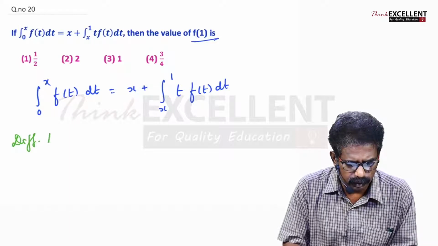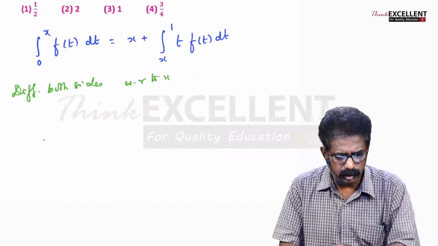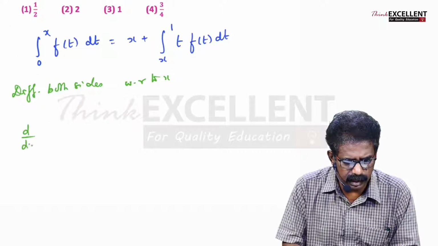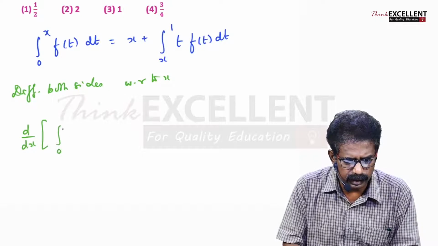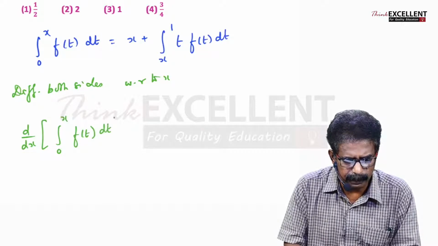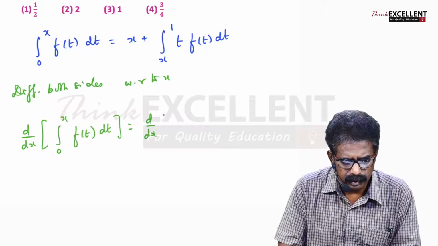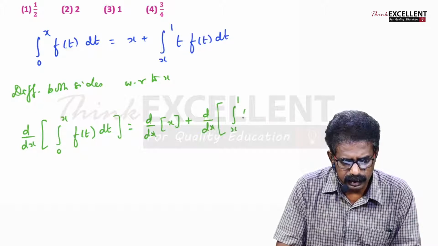Differentiating both sides with respect to x, you are getting d by dx of integral 0 to x f of t dt equal to d by dx of x plus d by dx of integral x to 1 t into f of t dt.